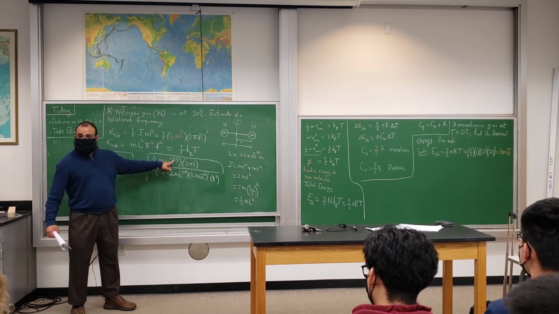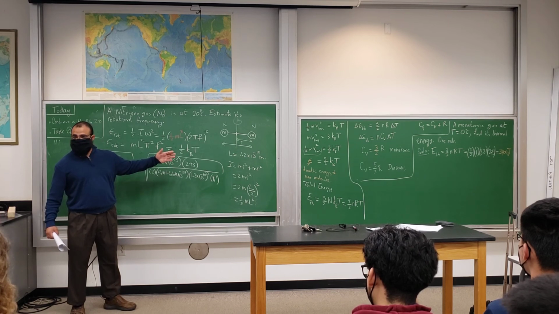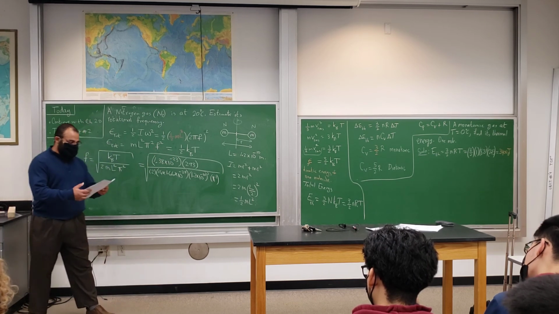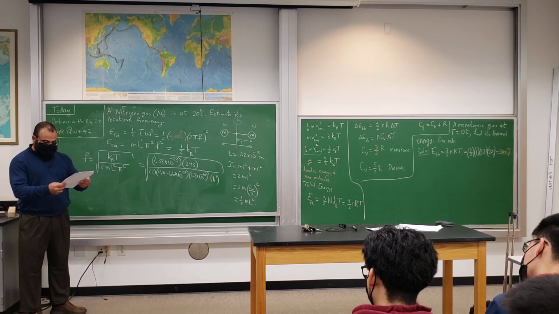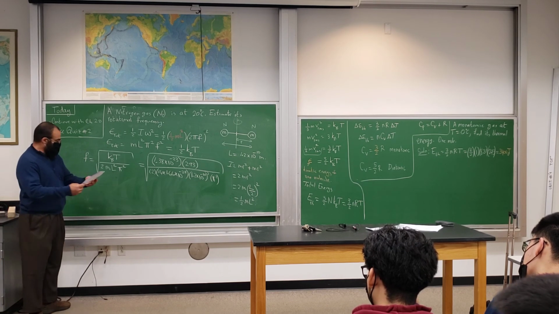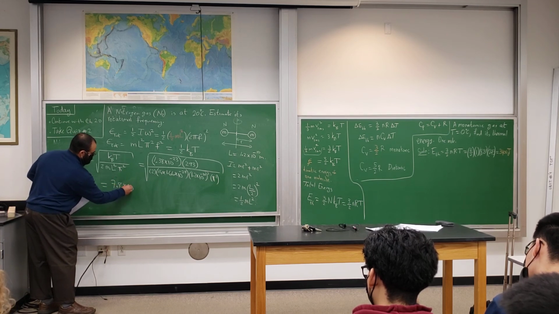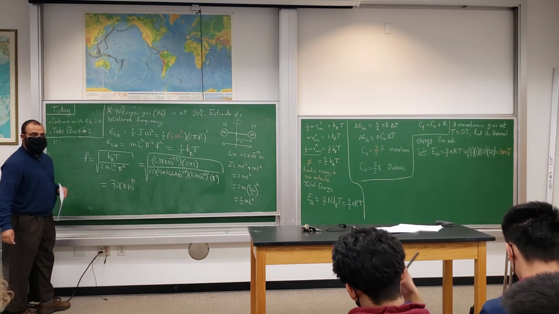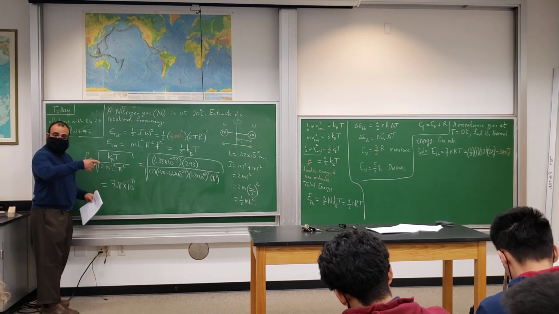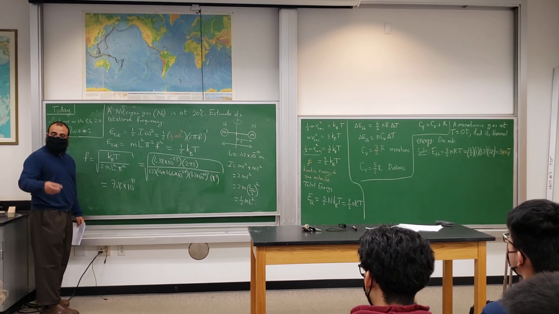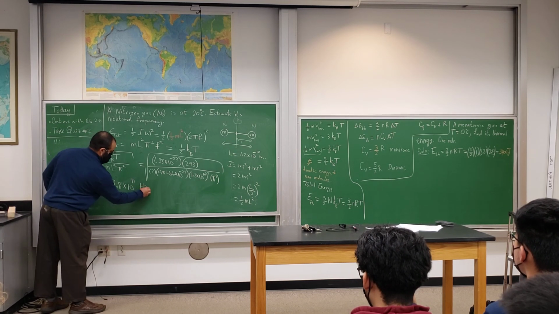And there is 10 to the minus 23. When you combine them, you get 10 to the 24. You square root it, you get about 10 to the 12. So that's a large number. It turns out to be about 7.8 times 10 to the 11. That's in hertz, revolutions per second, cycles per second.